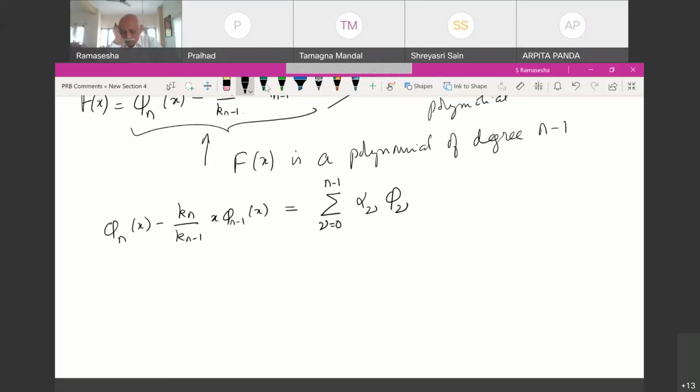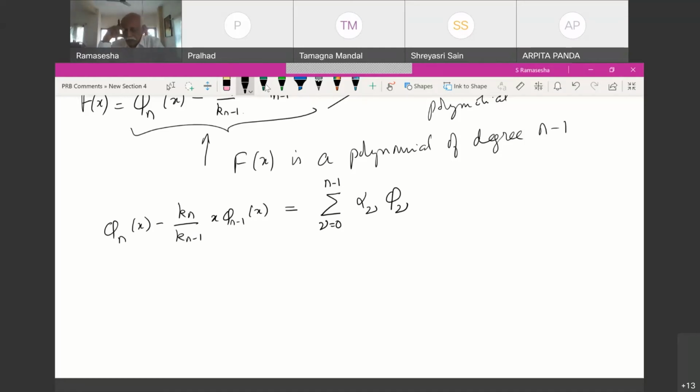Because these are orthogonal polynomials. So this is a polynomial of degree n minus 1. So I can expand it in terms of the orthogonal polynomials of degrees 0, 1, 2, etc. up to n minus 1. And the coefficients will be alpha nu phi nu. Is this okay? Yes, sir.